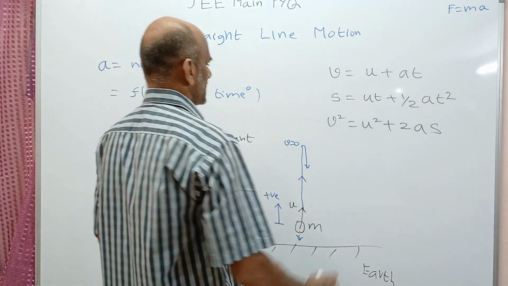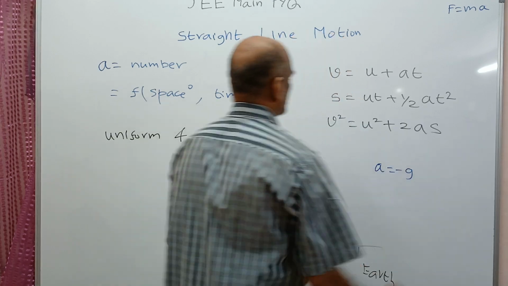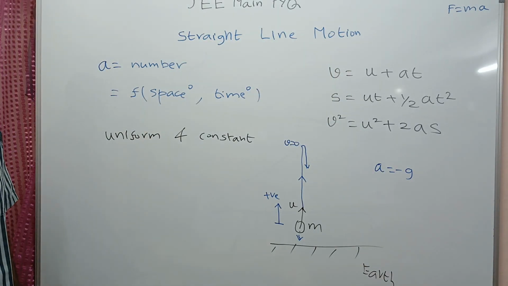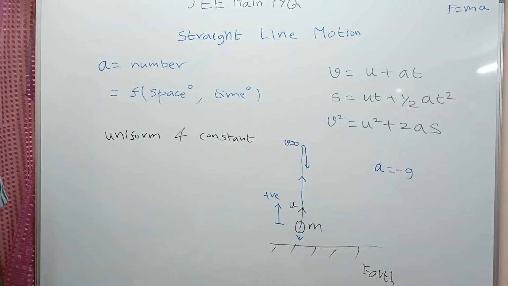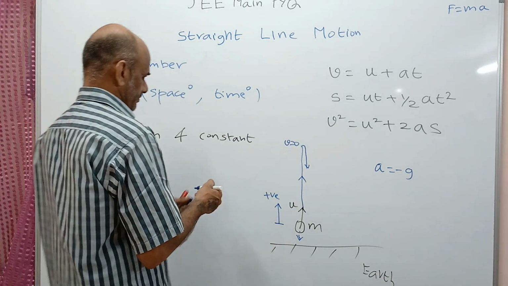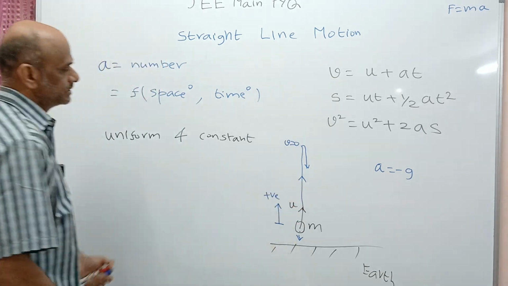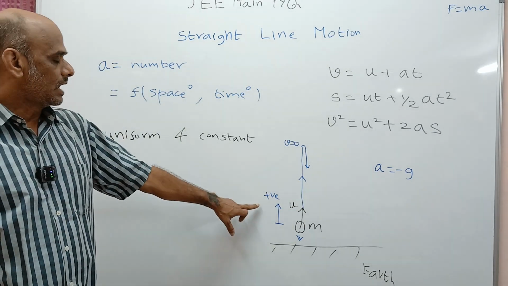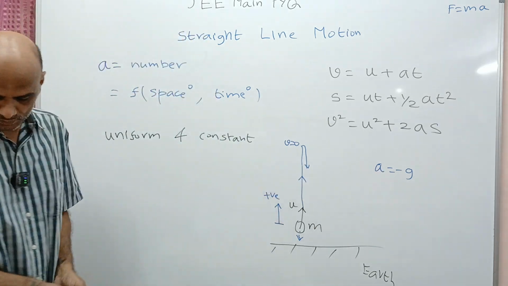So for this motion, acceleration is minus g. All these, velocity and displacement, actually have direction. In the case of 1D motion, we can get the direction in terms of sign. There are only two possible directions, one upward and one downward. According to this convention, upward direction is positive, downward is negative. So the acceleration is negative.